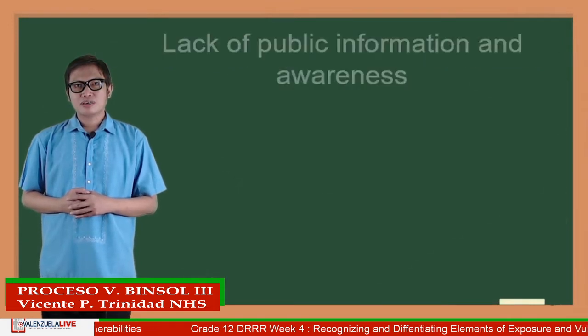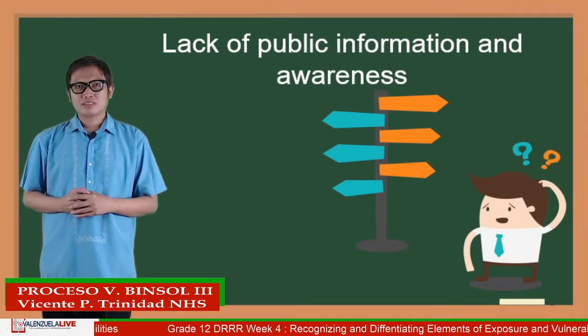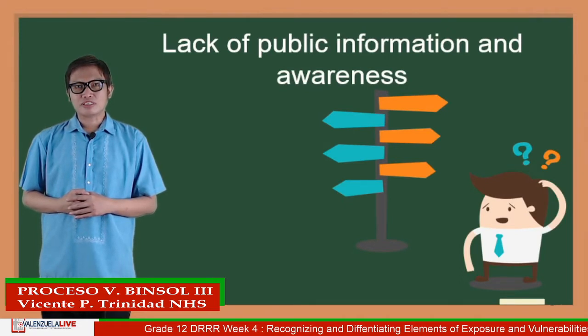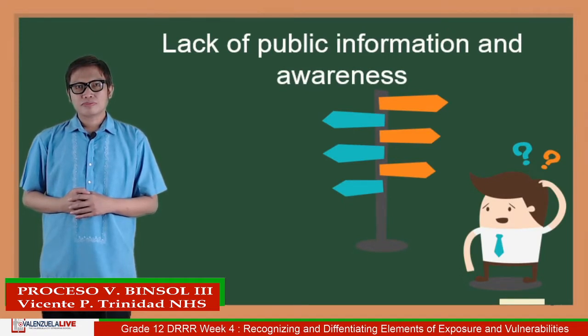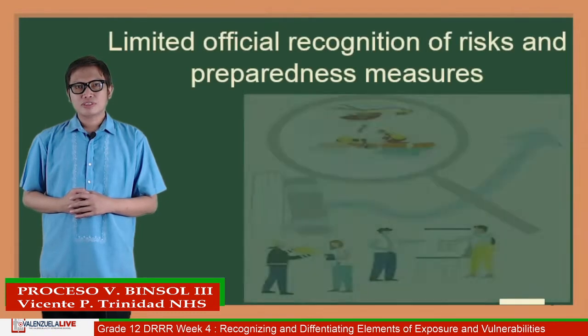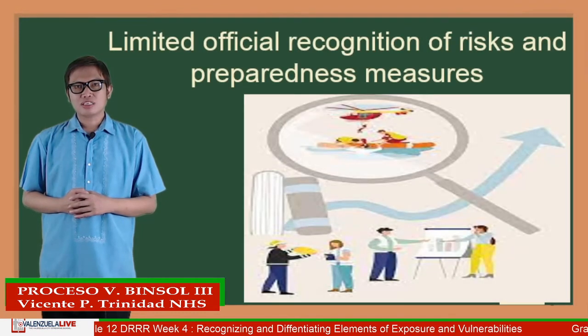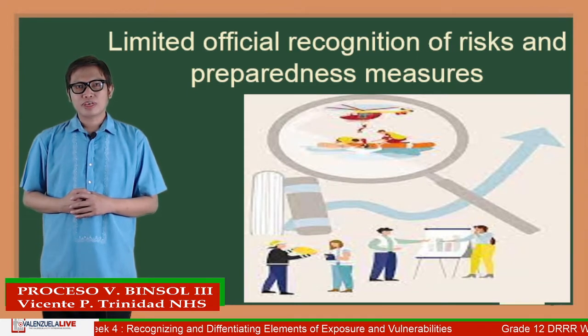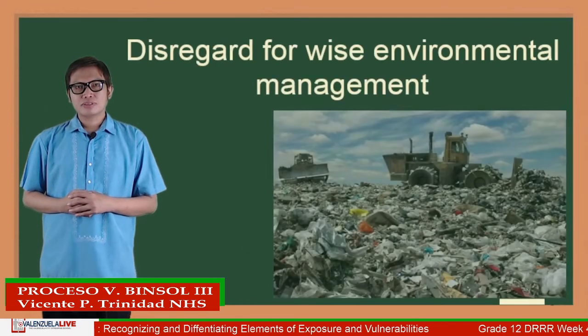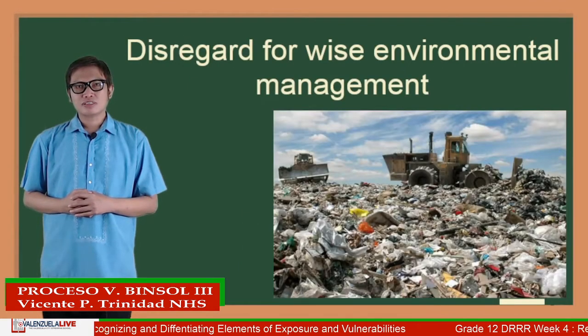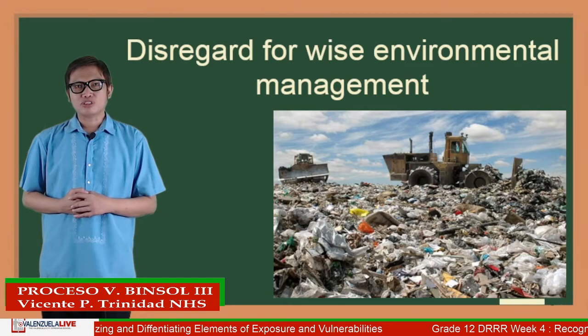Number 3, lack of public information and awareness. Number 4, limited official recognition of risk and preparedness measures. And number 5, disregard for wise environmental management.